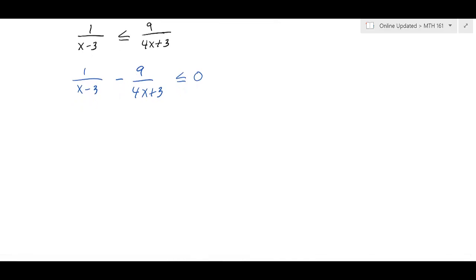And just like we did with the example in the previous video, we needed to combine this into one expression. So in order to subtract, we need to find a common denominator, and the least common denominator is going to be the x minus 3 and 4x plus 3.